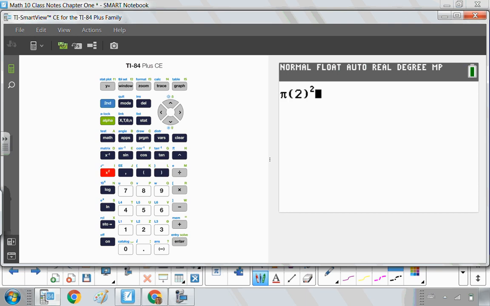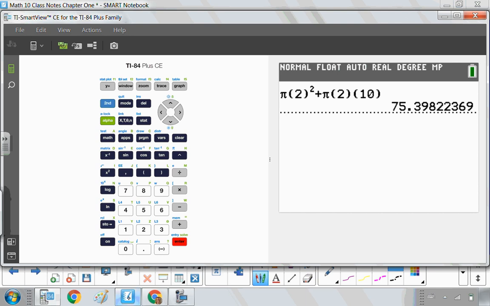So that's pi r squared plus, and then I'm going to do pi, so again, second, and then the power key, multiplied in brackets by 2, multiplied in brackets by 10. Press enter, and that gives me what my surface area is.